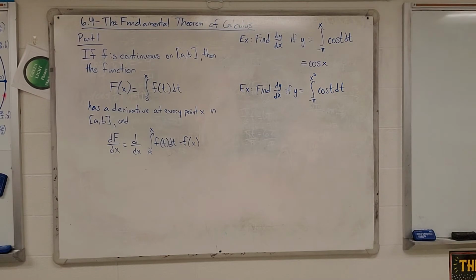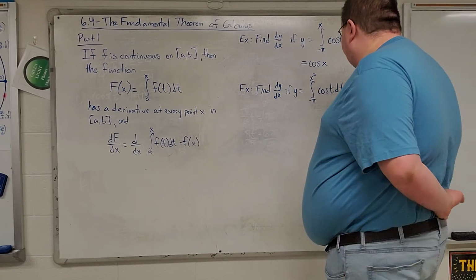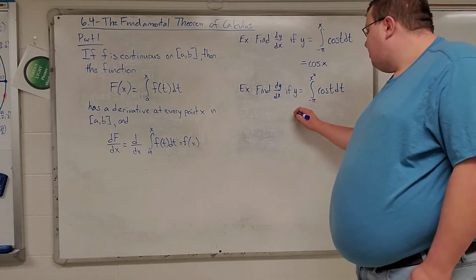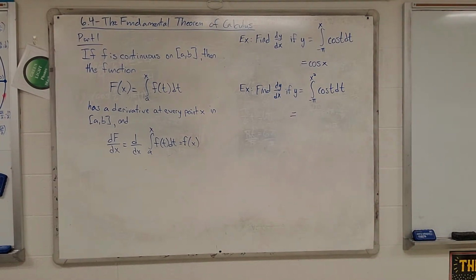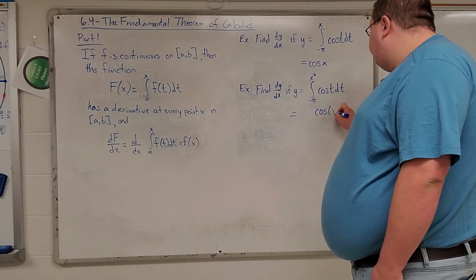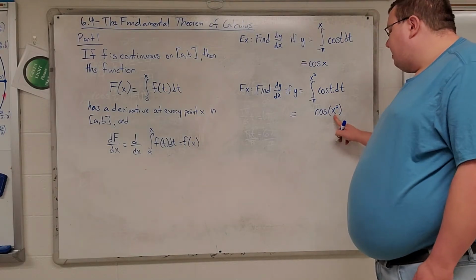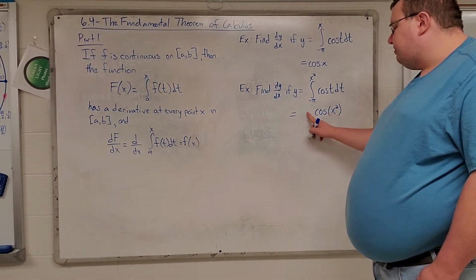Now when we derive that, we are still going to end up with cosine of x squared plugged in instead of x. But the one difference is that I have to multiply by the derivative of the inside.